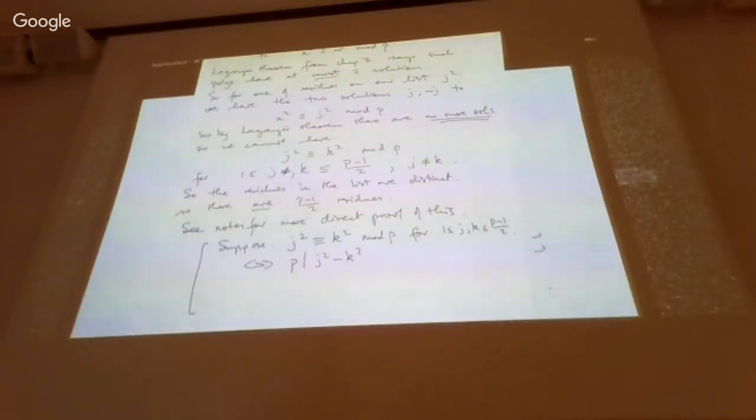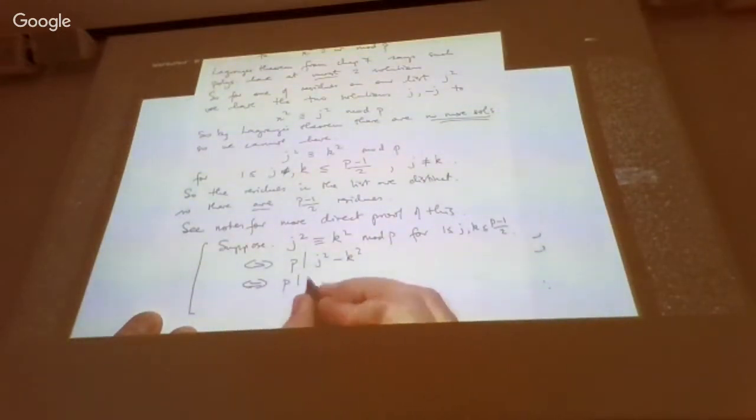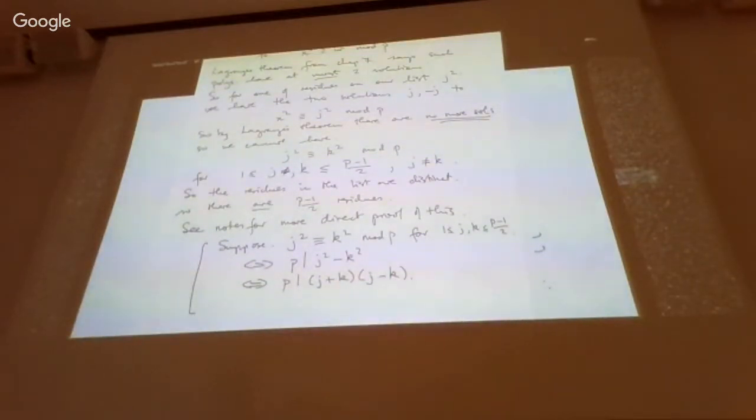P divides the difference. Anytime you see a difference of squares and you're talking about divisibility, what do you automatically think about? Well, we automatically remember that the difference of squares can always be factorized as sum times the difference: j plus k by j minus k.